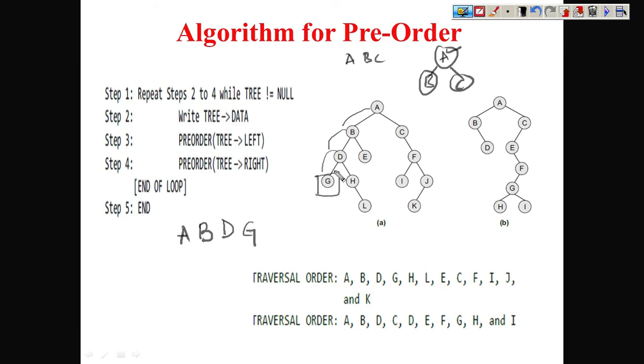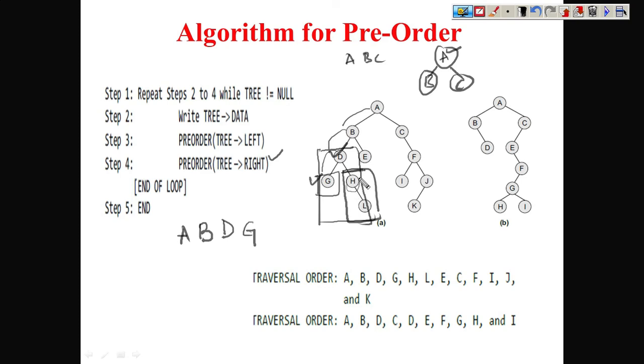So now you are going back because this is a recursive call. Now you are working for this tree, you have already taken D, and this left child is finished. Now you have to work on the right child, so it will call recursively pre-order on the right tree. So here, this is again a new tree.